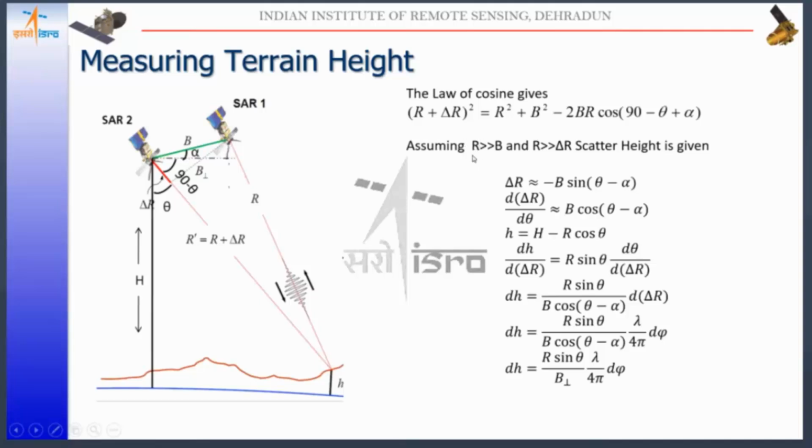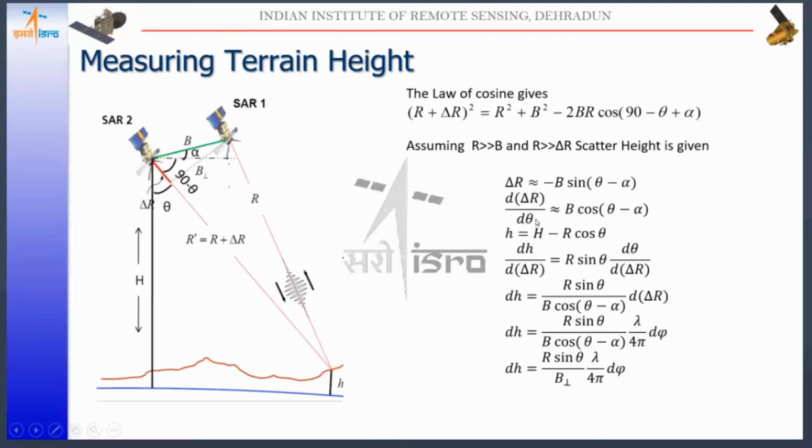We consider that R, the slant range, is much greater than B, the baseline, which is very small compared to R, and R is also much greater than delta R. With this approximation, delta R is approximately minus B sine of theta minus alpha, where theta is the look angle and alpha is the orientation angle of the baseline.